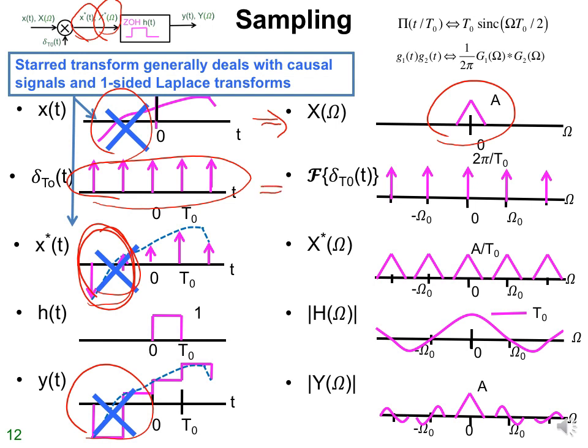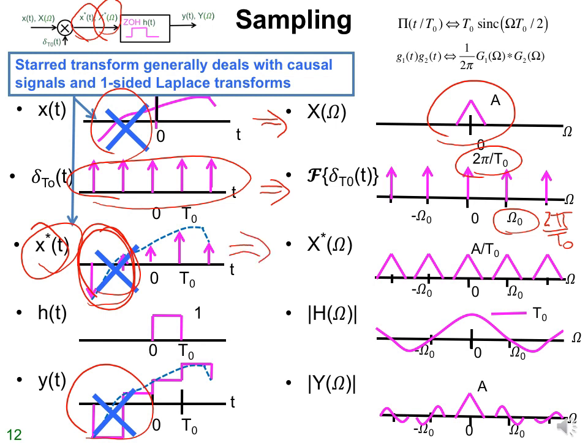Finally, at the last step, I pass the signal through the filter with impulse response h of t, a rectangular pulse of height 1 and width t0. And the Fourier transform of a rectangular pulse is a sinc function with a magnitude t0.